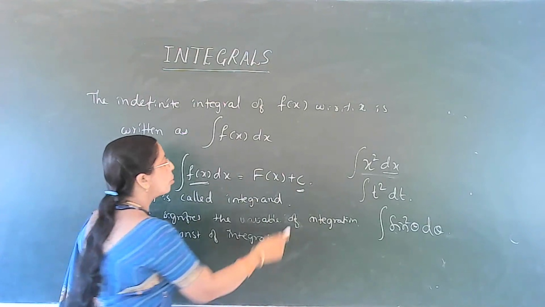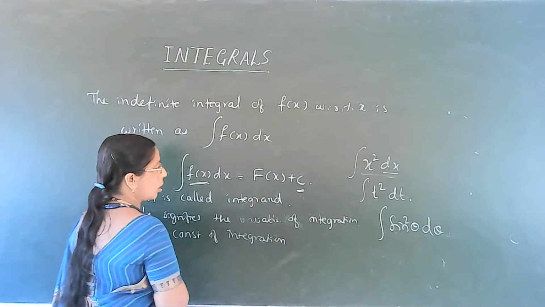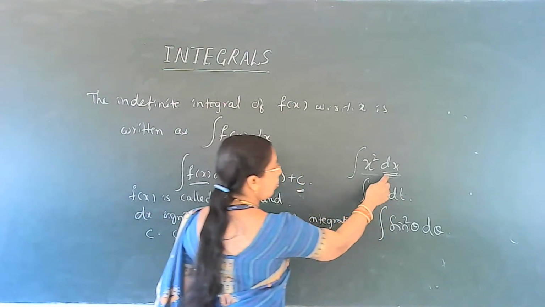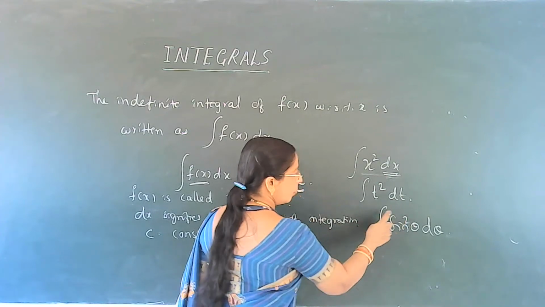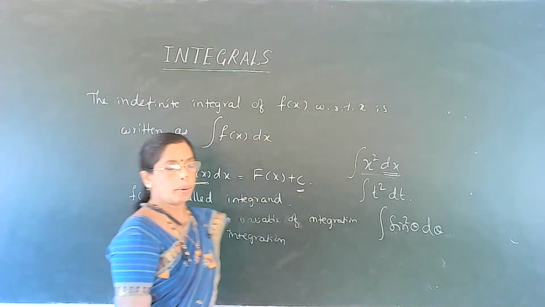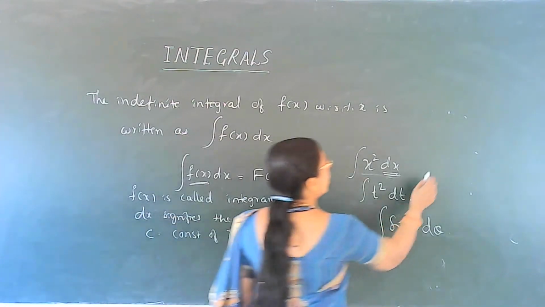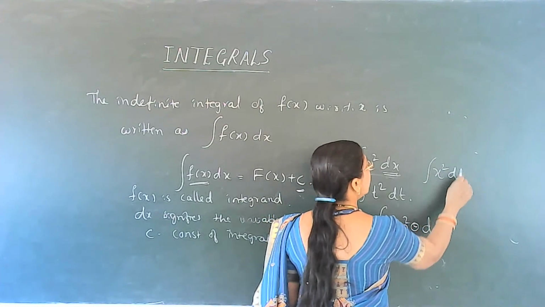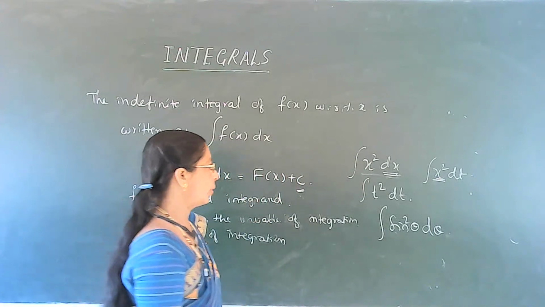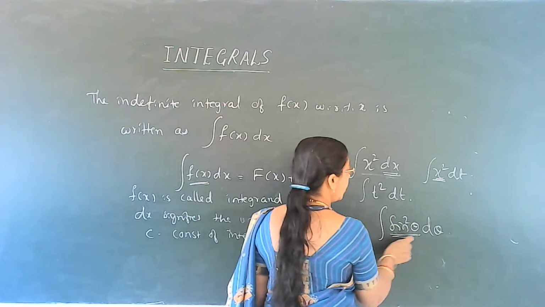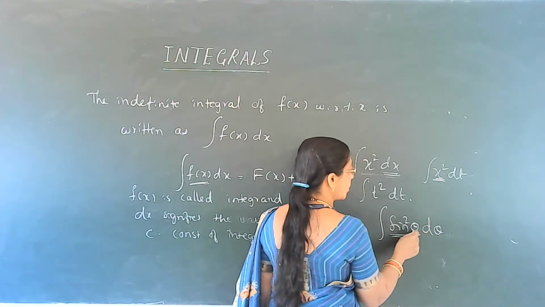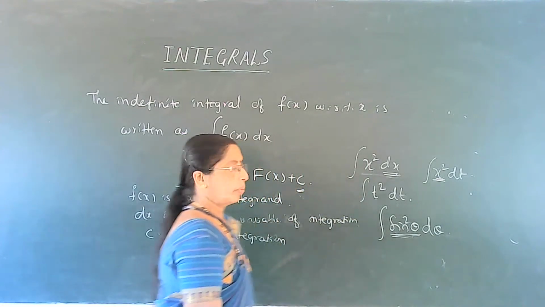In indefinite integrals, we should write c. dx signifies the variable of integration. Here dt, t is the variable. Here theta is the variable. You should not write x square with dt. You should convert x square in terms of t. Here also, we should write theta and d theta. If we write x, here also x.